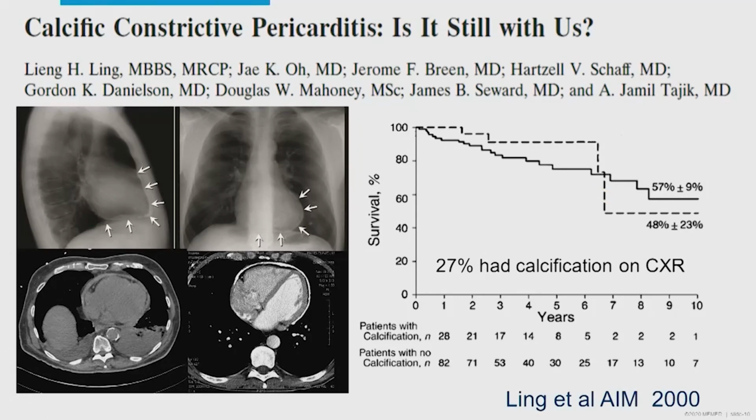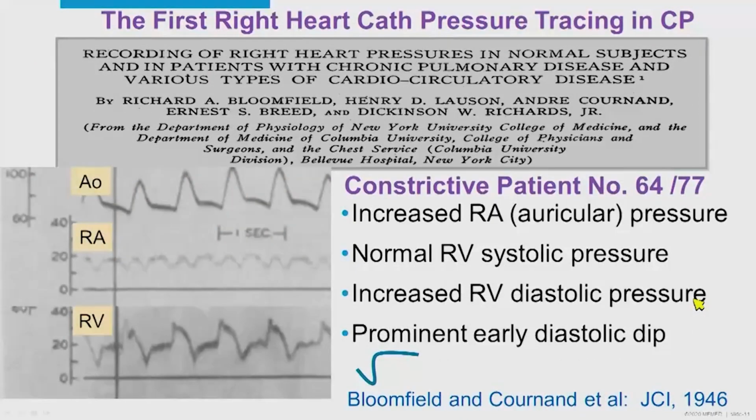And also, I'd like to emphasize that even having pericardial calcification may not be diagnostic for constrictive pericarditis. So we have to make sure that we come up with hemodynamic criteria for constriction to make the diagnosis of constrictive pericarditis.